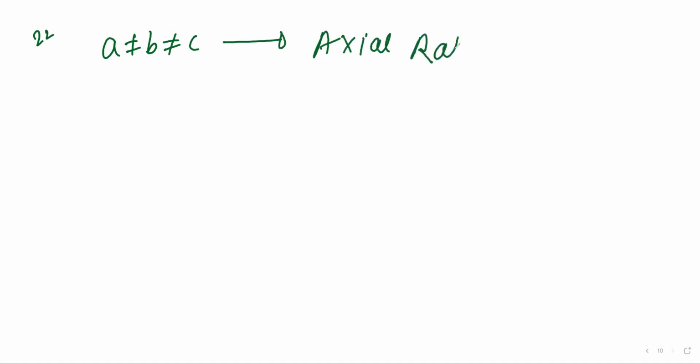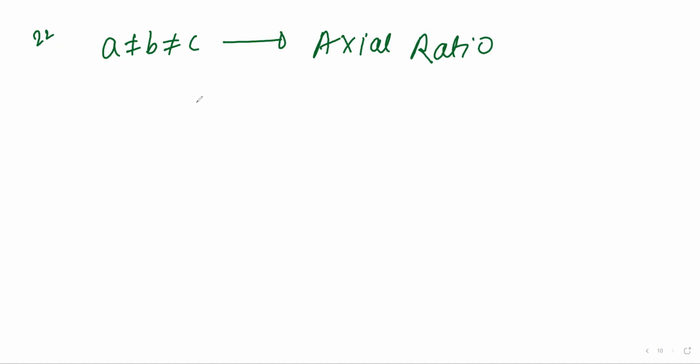Now look at question number 22. In the orthorhombic system, the axial ratios are a not equal to b not equal to c. So it is talking about axial ratio and axial angles.